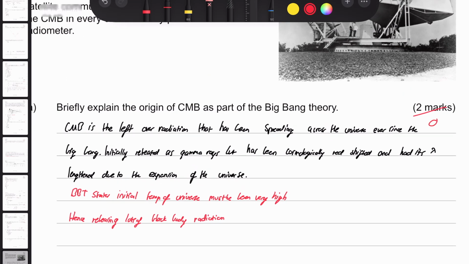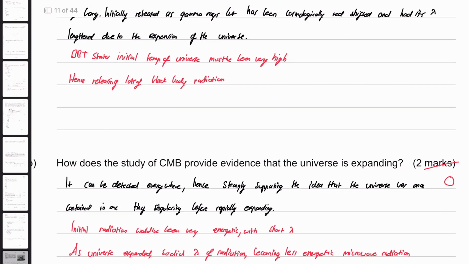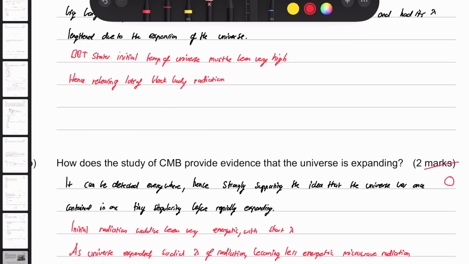So the origin of the CMB: essentially, the Big Bang Theory states that since everything was in a singularity, it was super condensed, so the temperature must have been super duper high. And as we know, black bodies release energy corresponding to their temperature, so if the universe was very hot, then it must have been emitting a lot of black body radiation. And that provides evidence for an expanding universe, since the wavelength of the emitted black body radiation is related to the temperature of the black body.